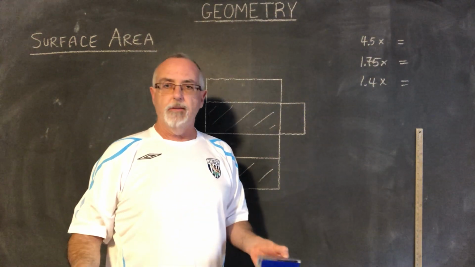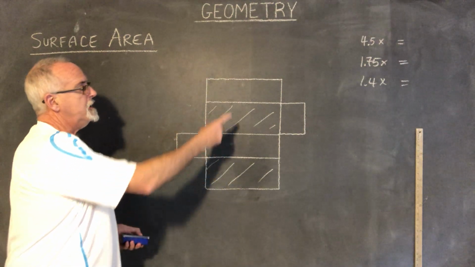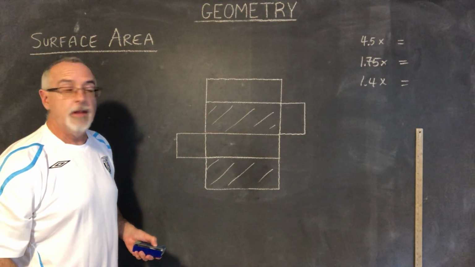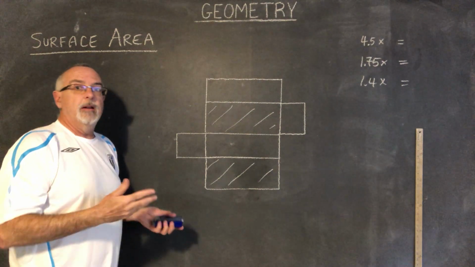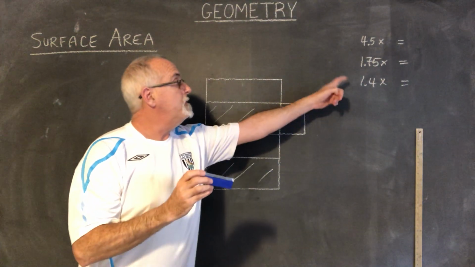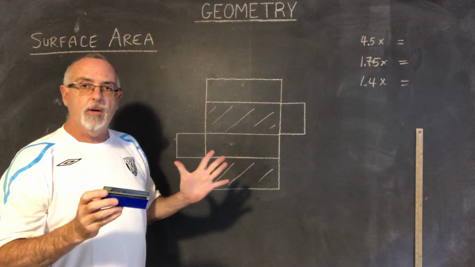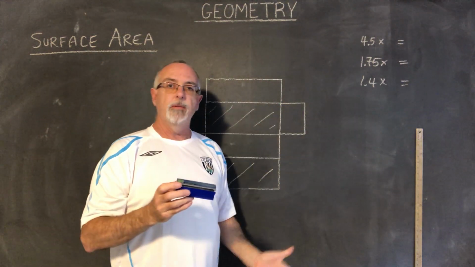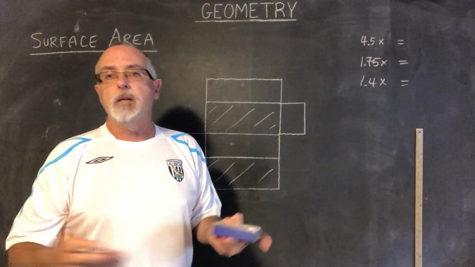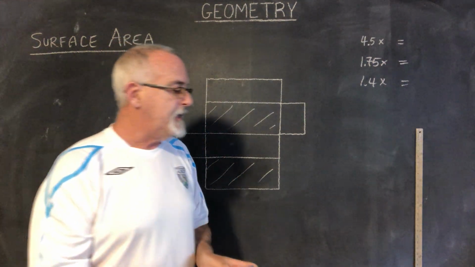So what is the result of that going to be? It's going to be a net that looks very similar to this one, but it's going to be bigger. And you can sort of get an idea of how much bigger. So everything was multiplied by 3 in order to get this drawing. Now I'm going to multiply all of those dimensions by 4, and we'll see what the drawing looks like, and we'll compare them. That's the way I wanted to begin this lesson.